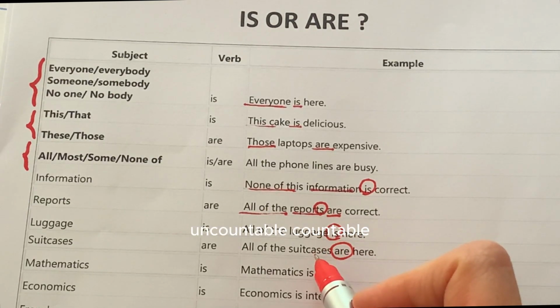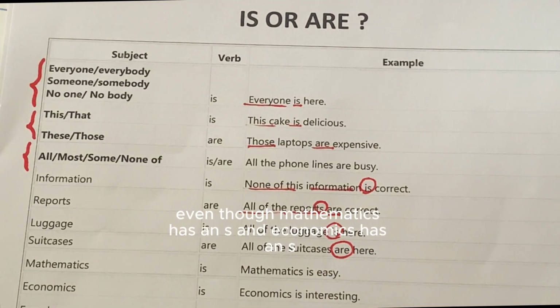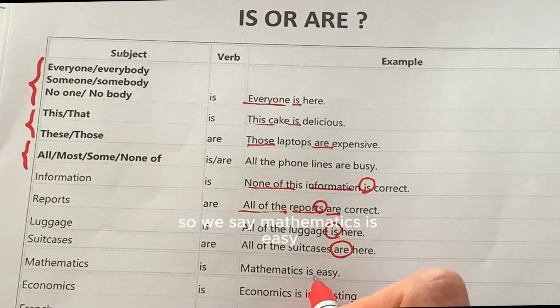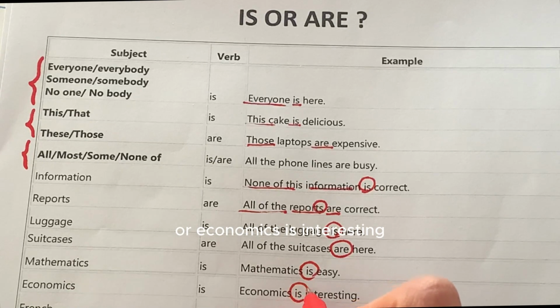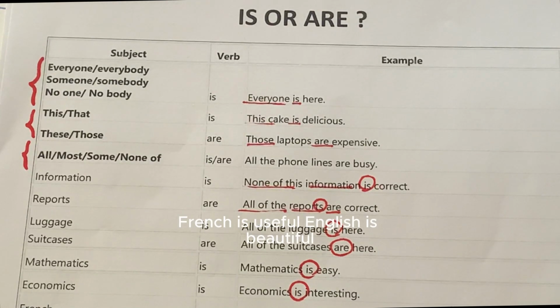Uncountable, countable. Even though mathematics has an S and economics has an S, it's not plural. So we say mathematics is easy or economics is interesting. The same with languages like French or English. French is useful. English is beautiful.